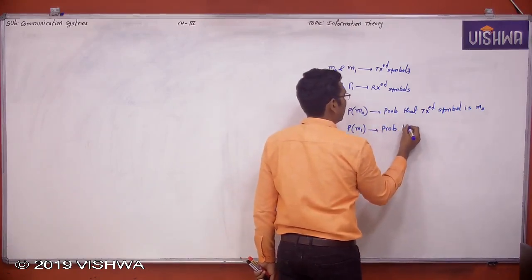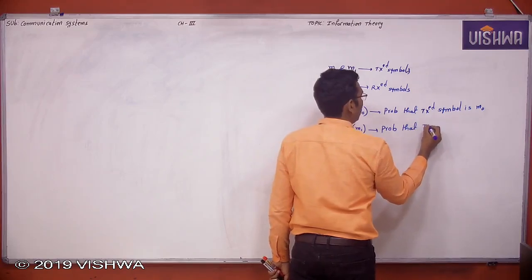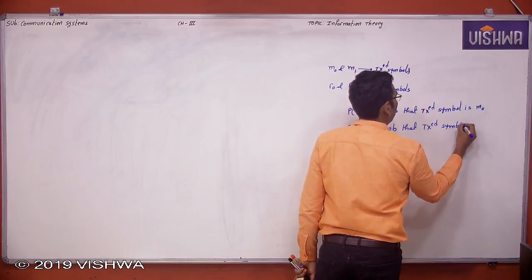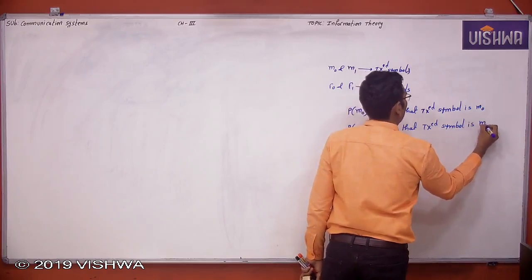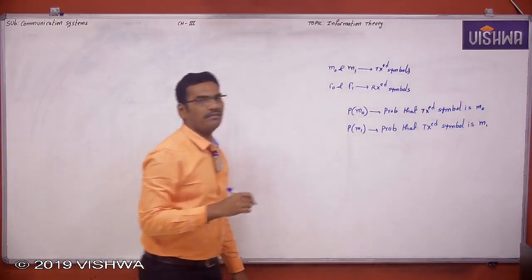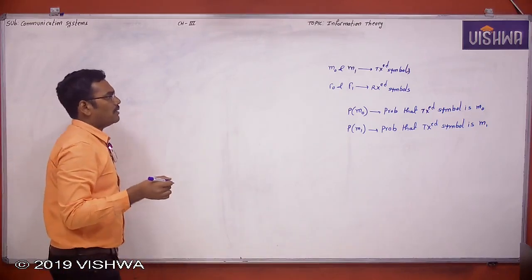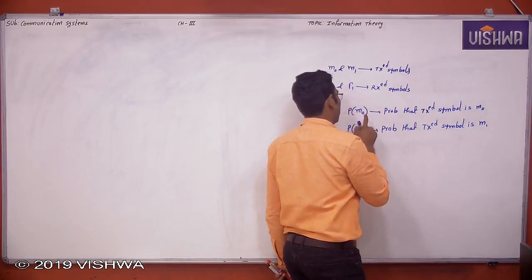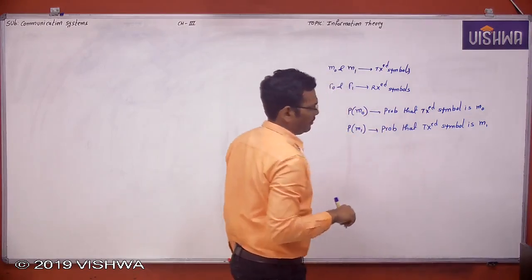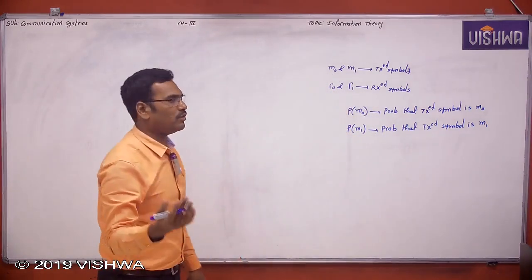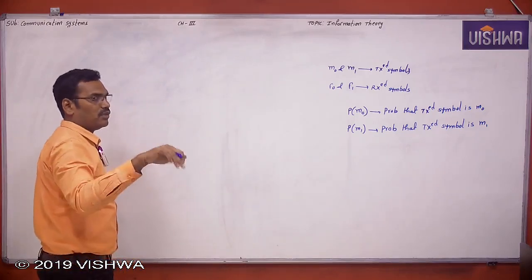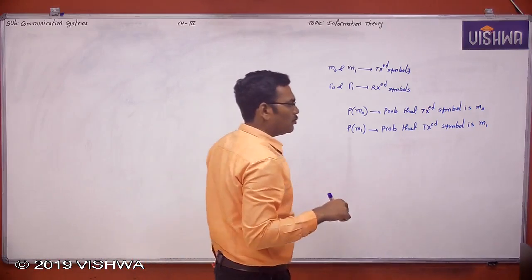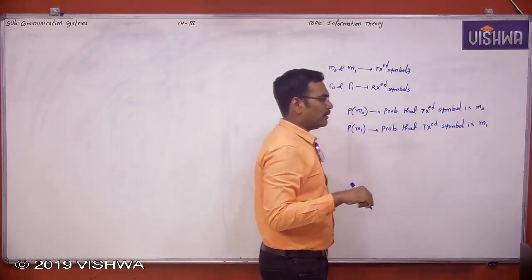You know all these things. M0, M1 are transmitted symbols. R0, R1 are received symbols. The probability that the transmitted symbol is M0, the probability that the transmitted symbol is M1, or M1 is transmitted and R0 is received, like that, all possibilities. So there are two techniques for this particular decoding.